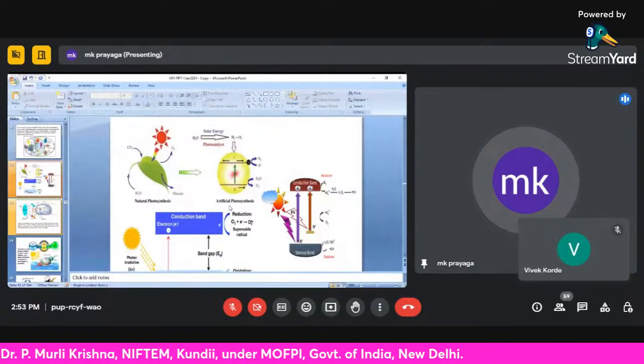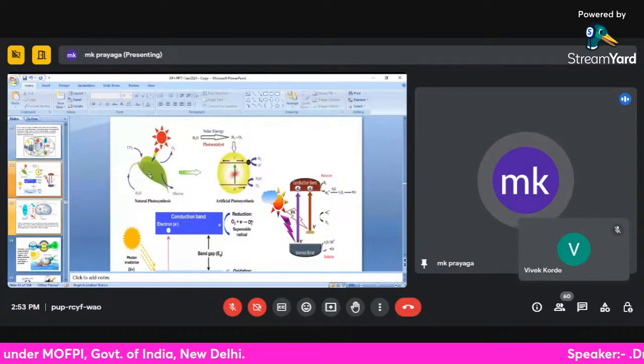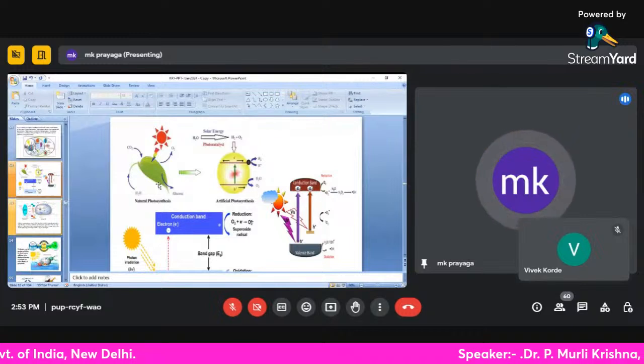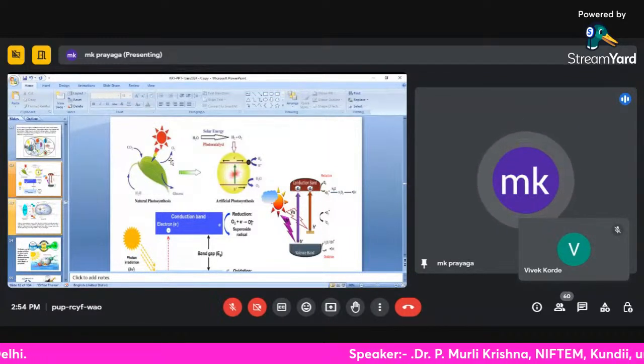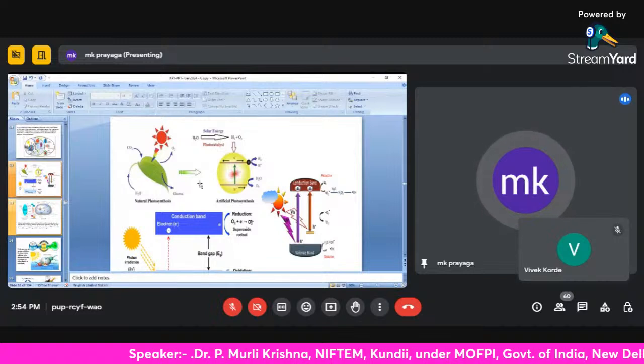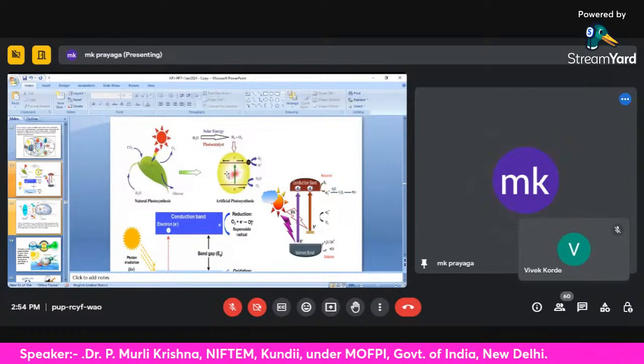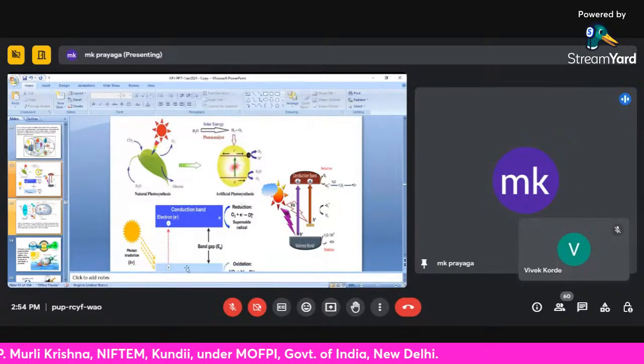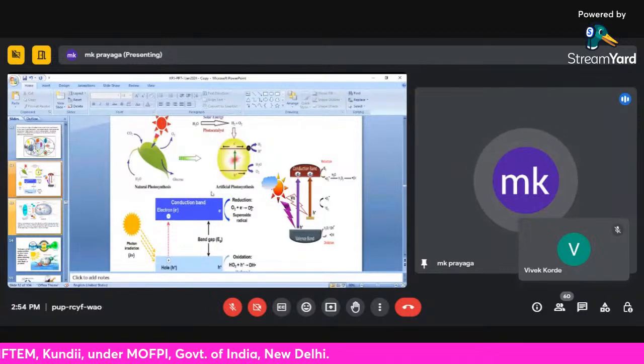And of course, photocatalysis is a replica of natural photosynthesis. This is the leaf which is giving oxygen at the output. Similarly, in photocatalysis, you will find oxidation as well as reduction reactions taking place.